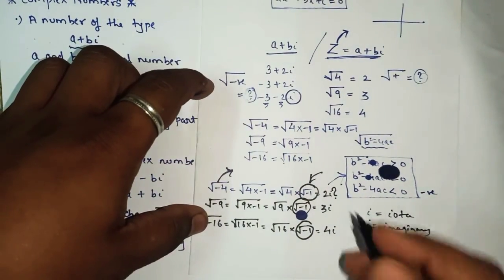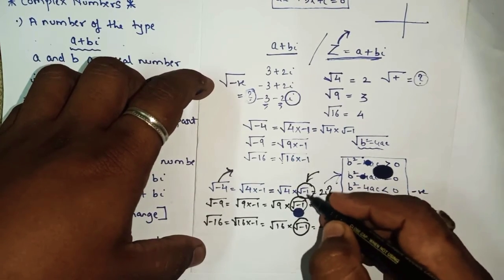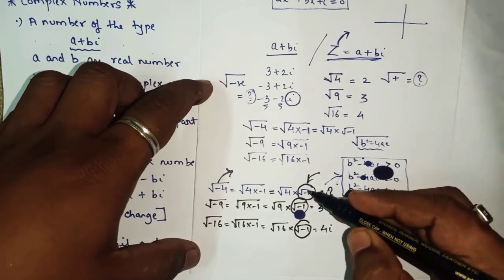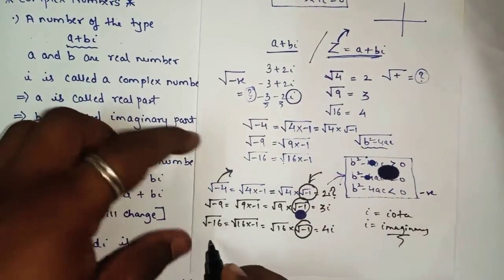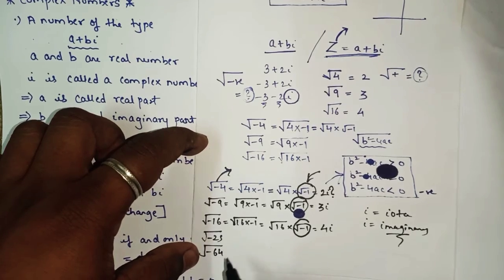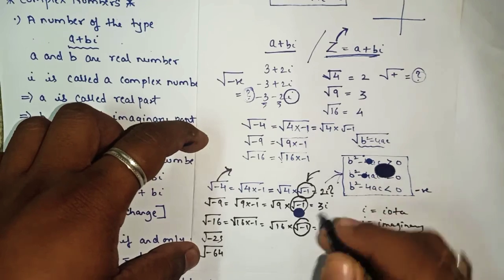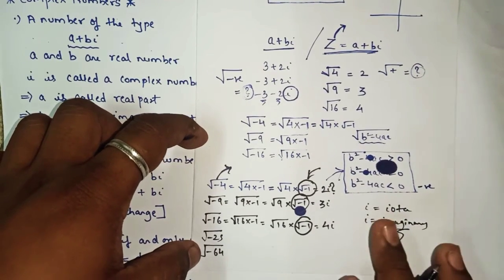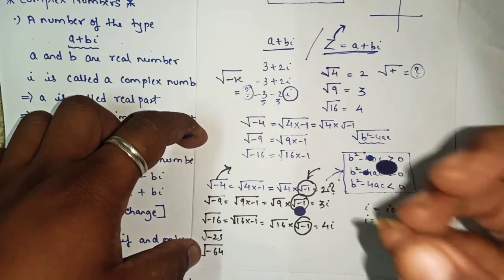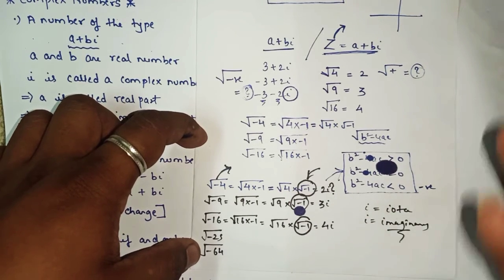Okay. So here he just decided that in place of root minus 1 we will consider something, because in each and every case, can you see, whether it is root minus 20, root minus 25, whether it is root minus 64, in all the cases you will get root minus 1 common. So I guess he decided to take some imaginary thing in place of root minus 1, so we can solve the sum further.